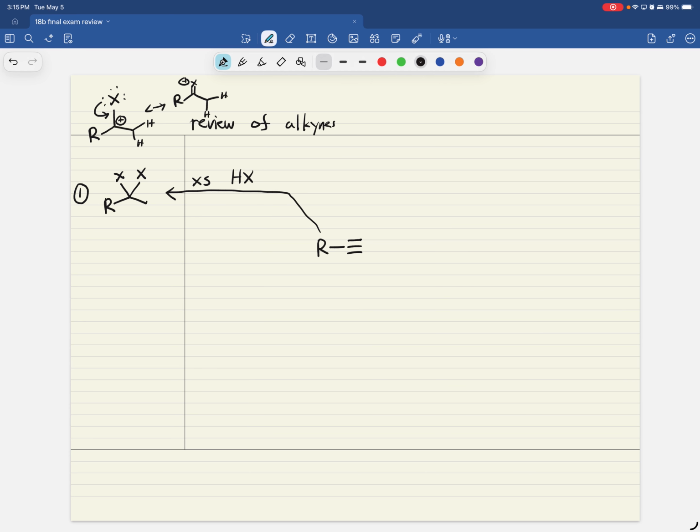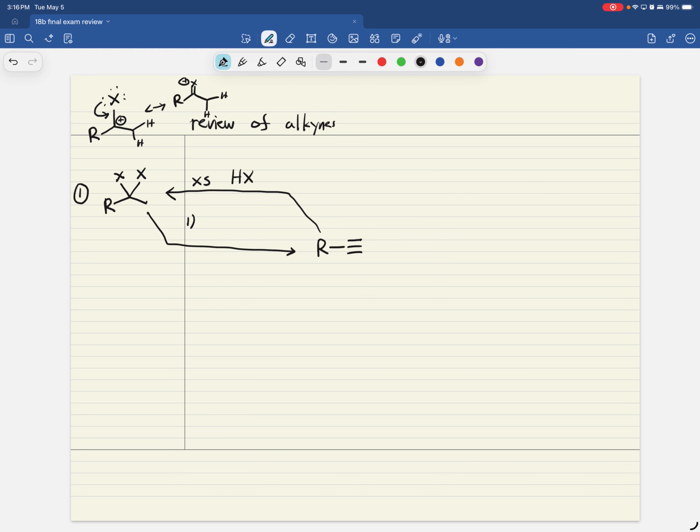So what if we have a dihalide? How do we go backwards? How do we generate the alkyne? Instead of adding excess halo acid, going from the dihalo compound back to the alkyne, we can't add acid because we need a base.